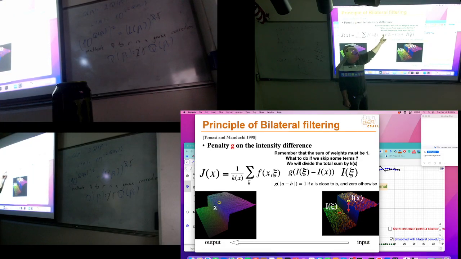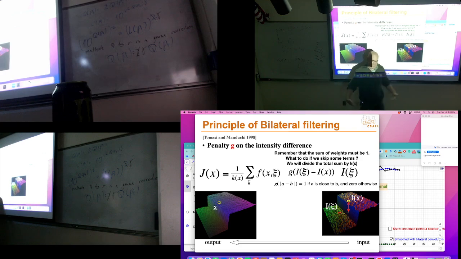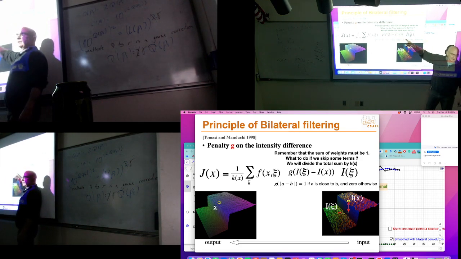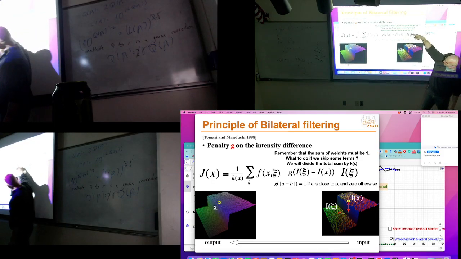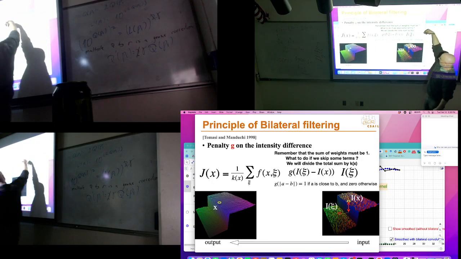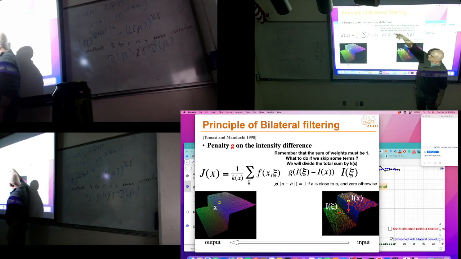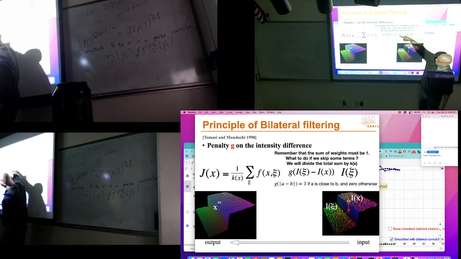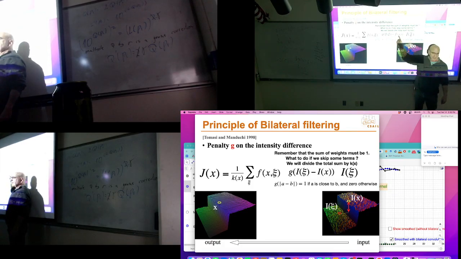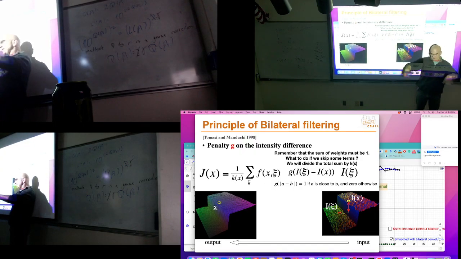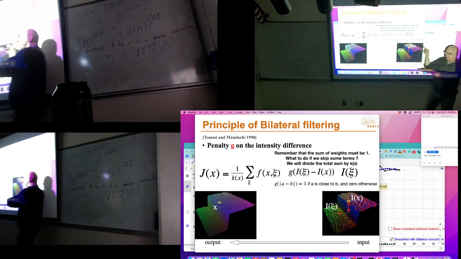And g can be just, you know what, if I of Xi and I of X, the intensities, are too far apart for your liking, give it a weight of 0. So it will be either 0 or 1. And that's fine, because K of X will be computed based on the same formula. Or Tomasi and Manduchi suggest using a Gaussian. But it's a Gaussian not on space, it's a Gaussian on how far away the intensity levels are.